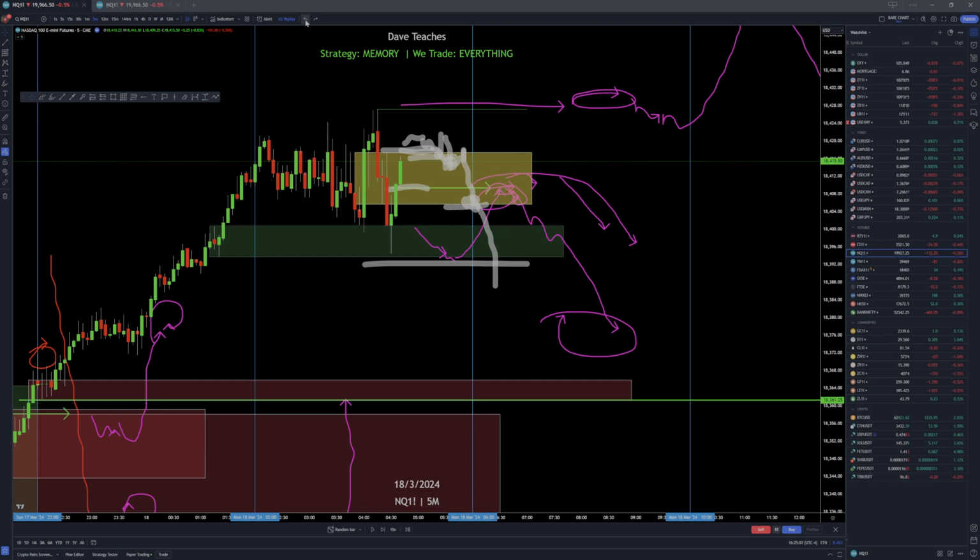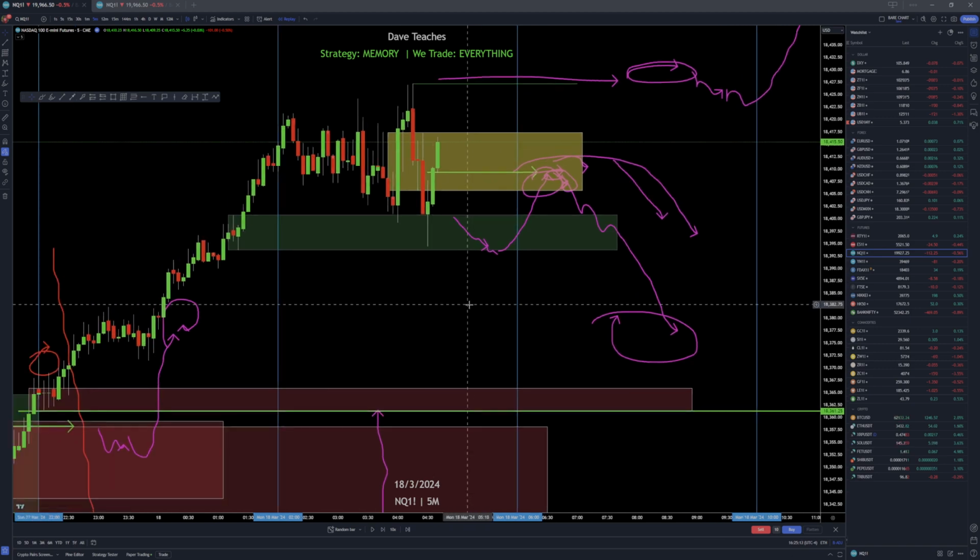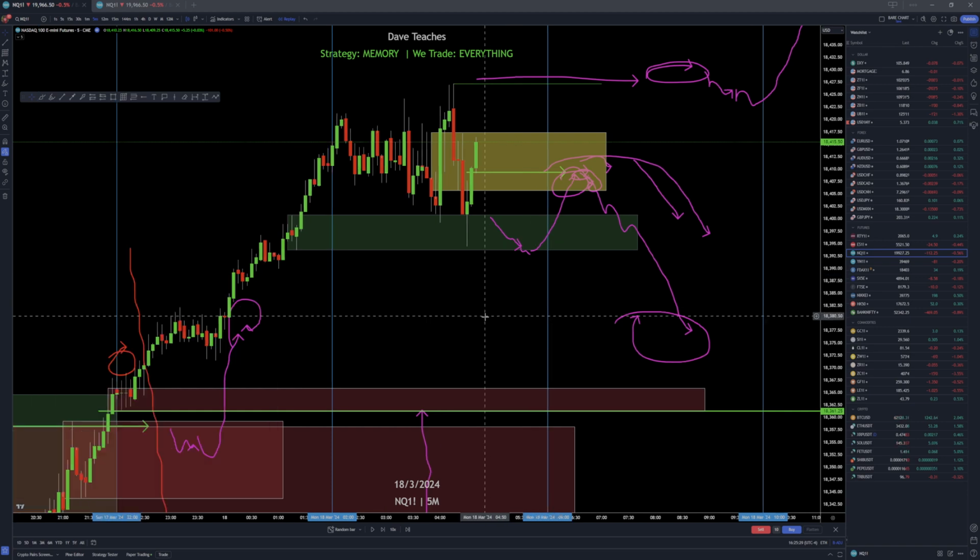But all of it is speculation until it closes, until it actually happens. So you guys need to say, if this happens, then I'm going to do this. I'm going to respond this way. I'm going to take a trade in this direction if this happens, and then take that trade based on what you say you're going to do.